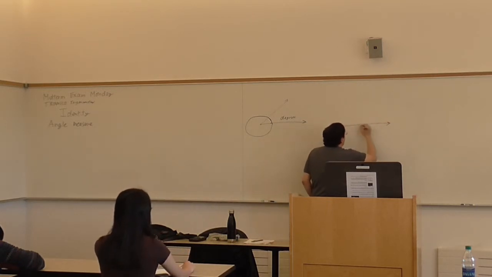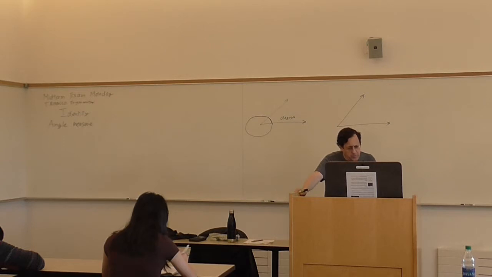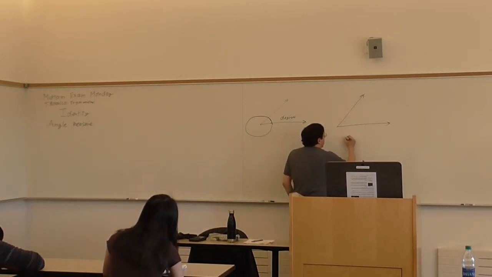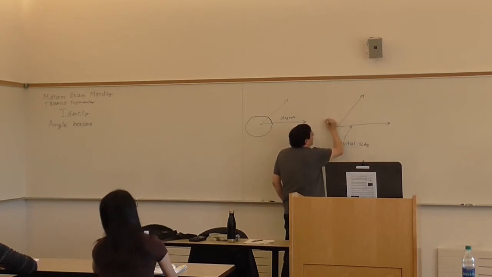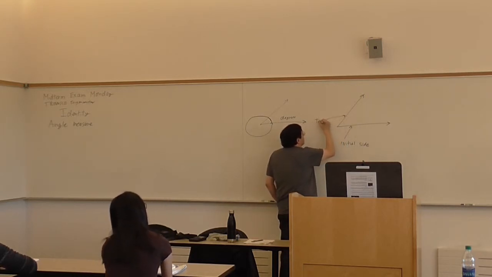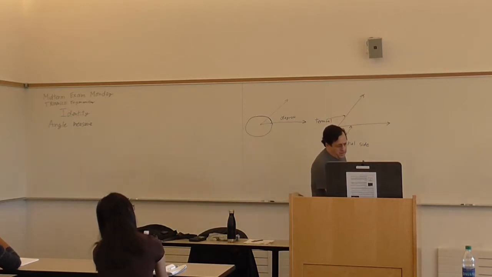Again, we're going to look at an angle, and we're going to add some definitions here. We're going to call one of the rays the initial side of the angle, and the other the terminal side. And we're going to do something a little different to measure the angle.